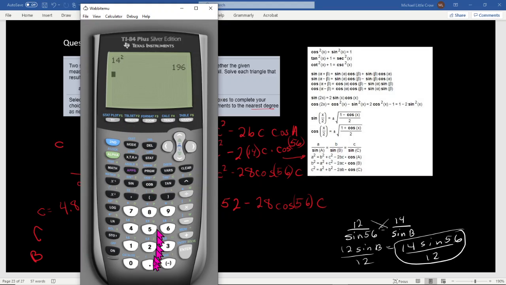Back to here, 14 sine of 56. Again, we've already checked we're in degree mode, divided by 12. So what we know is that the sine of B equals 0.9672105.